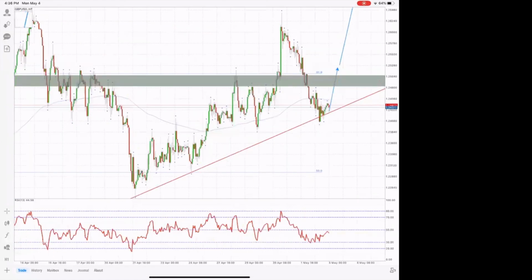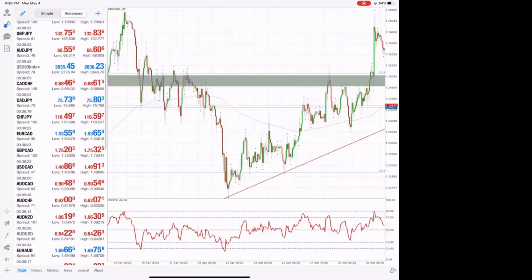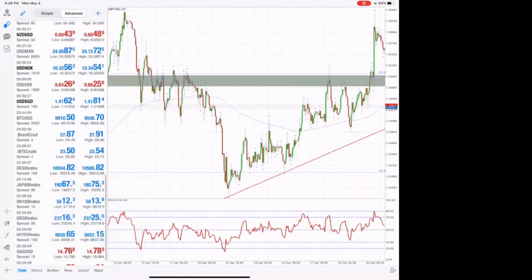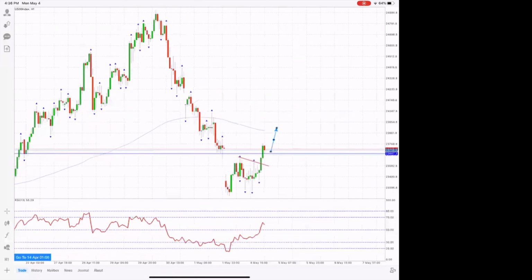So what I'm saying here is, because of this movement on the Fed, that's going to bring higher prices as long as it continues. And I'm particularly watching the US30 right now, which looks like it's broken out.